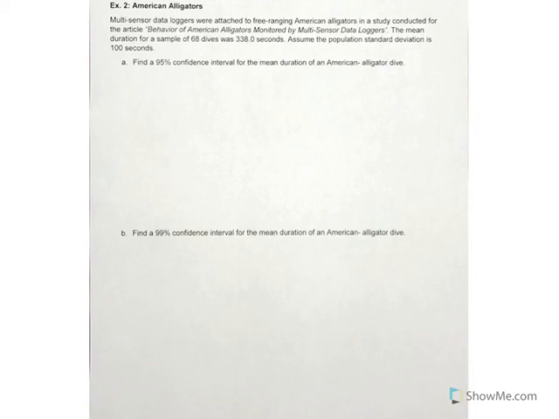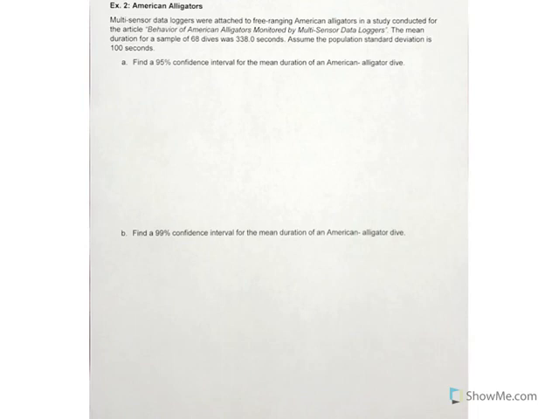The mean duration for a sample of 68 dives was 338.0 seconds. Assume the population standard deviation is 100 seconds. A says find a 95% confidence interval for the mean duration of an American alligator dive. All right.